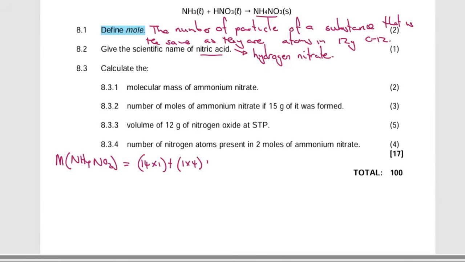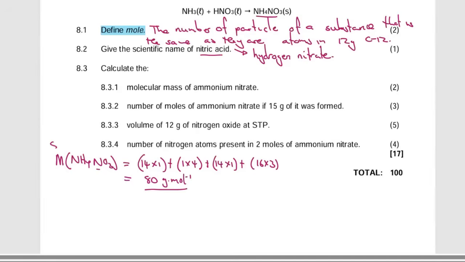Then nitrogen again, only one of each, so 14 multiplied by 1, plus the final one, oxygen, which is 16, and we have 3 of them. If we do our math, we get a value of 80. The units of measurement should be grams per mole. So this is how we get our molar mass.